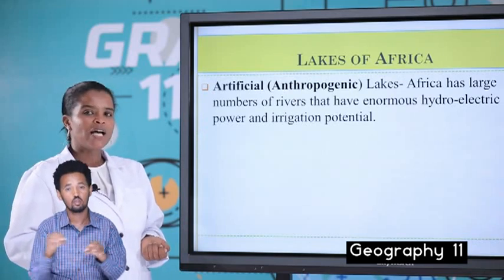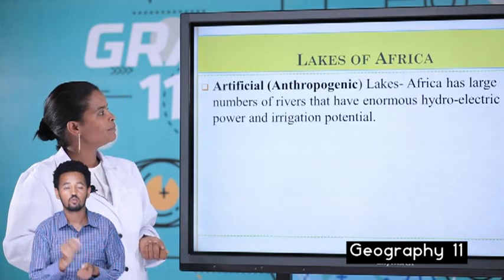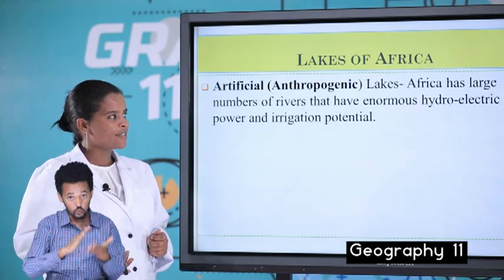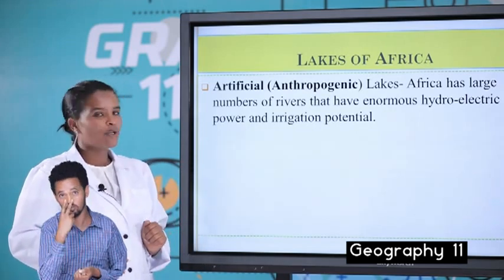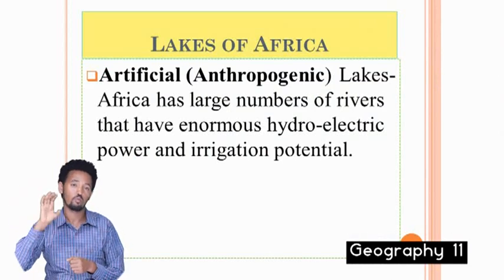Let's move to the artificial lakes of Africa. Artificial or anthropogenic lakes of Africa are mostly used for hydroelectric power and for irrigation purposes.